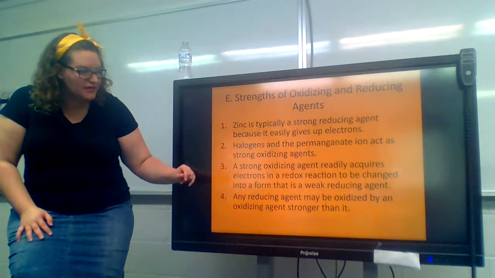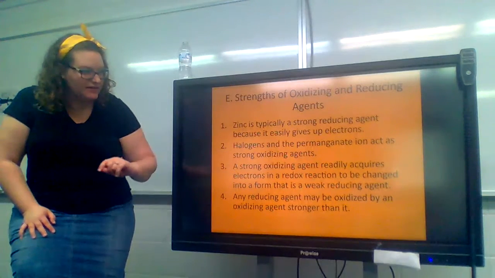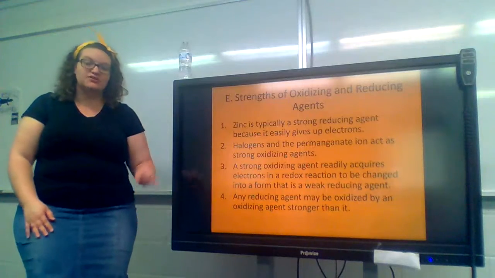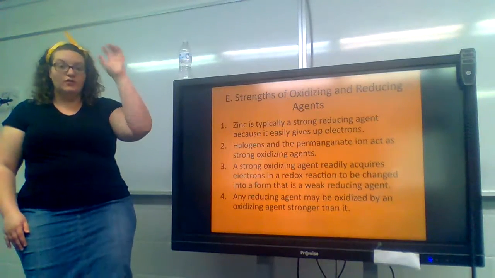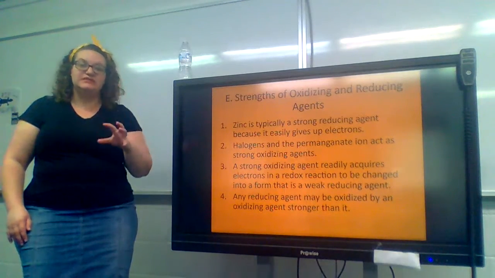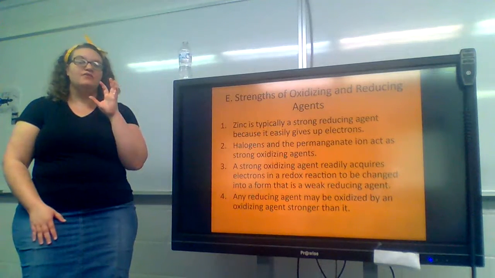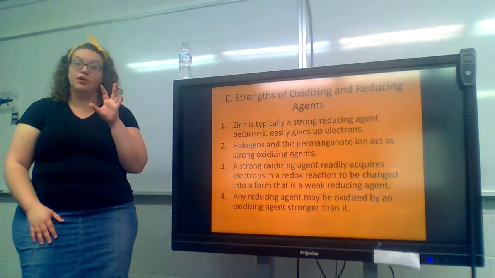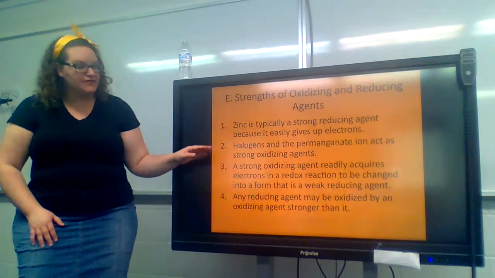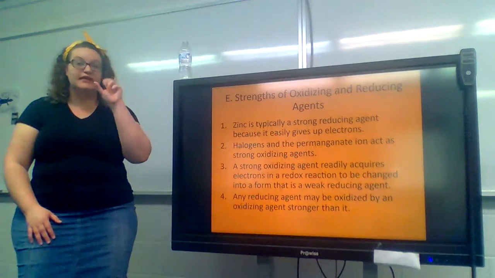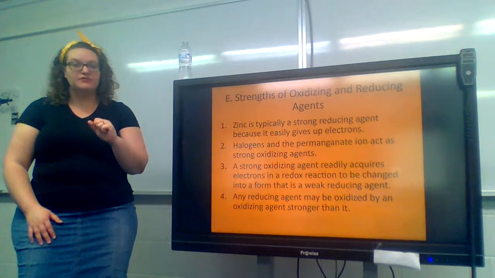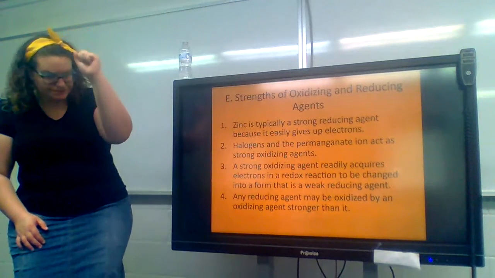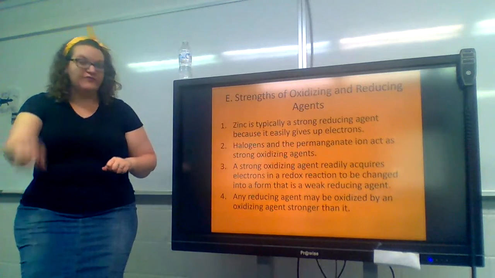A strong oxidizing agent readily acquires electrons in a redox reaction to be changed into a form that is a weak reducing agent. Like I said, they are going to seek the path of least resistance, the way that will make them have to do the least amount of work. So a strong oxidizing agent is going to take in an effort to put out a weaker reducing agent, and vice versa.